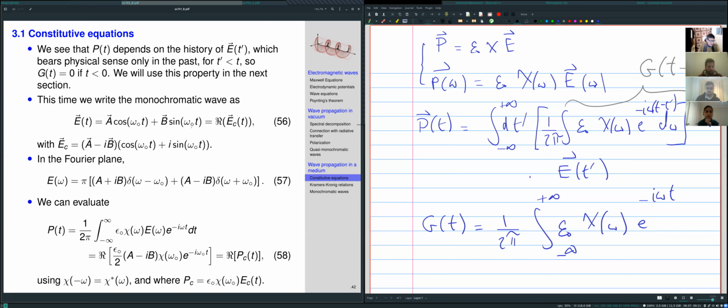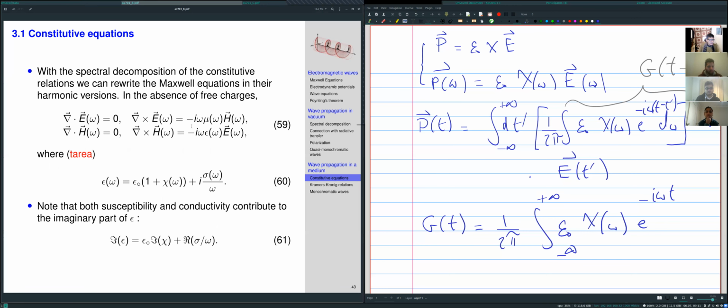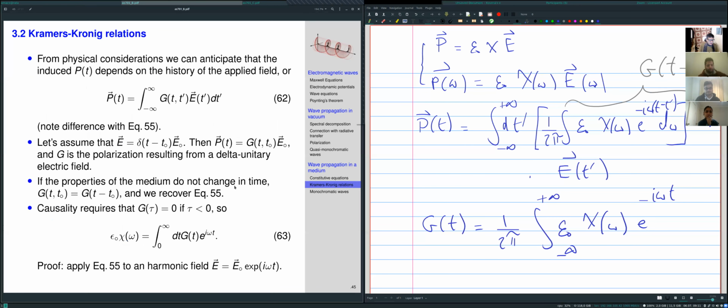And we saw that in this case, we had the complex polarization, and that the electric susceptibility is connected to chi and the conductivity in this complex way. So things are not so simple once we deal with a monochromatic wave that interacts with the medium, okay?